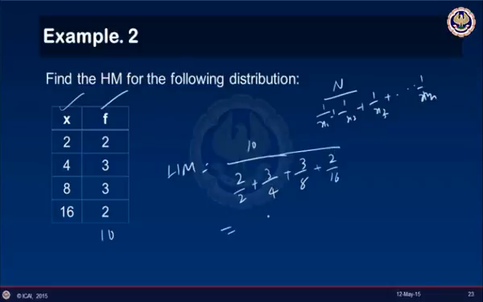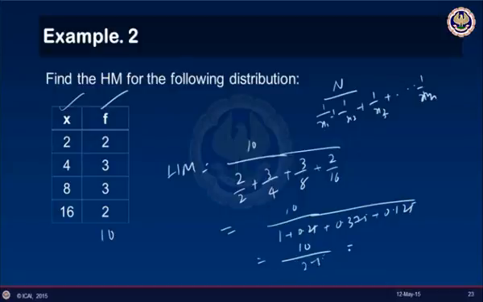Now this will be 10 by 1 plus 0.25 plus 0.375 plus 0.125. This will be 10 by the sum of all these, 2.75, and 4.44 is the harmonic mean for this given data.